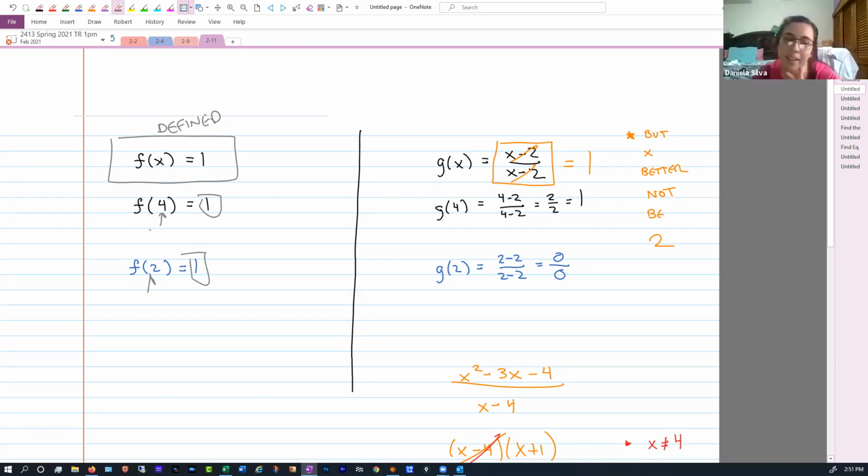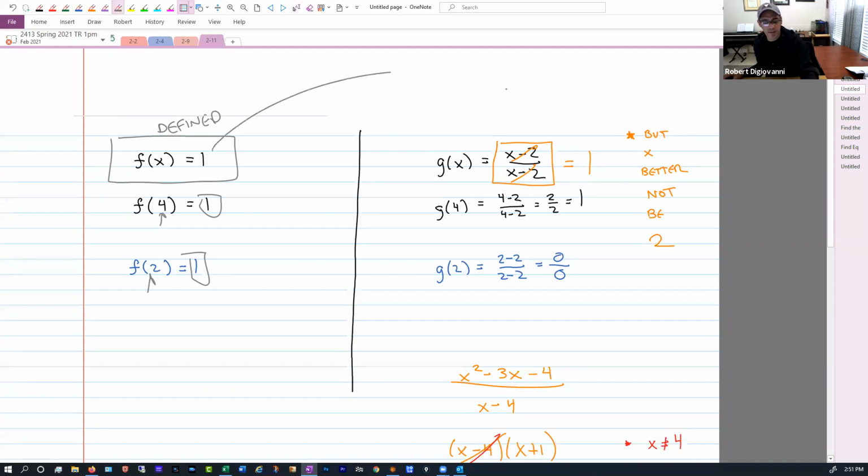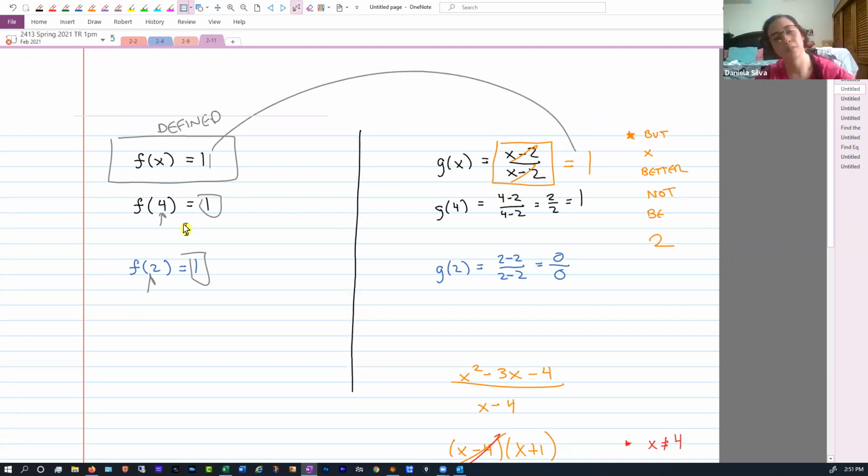What I was trying to get people to see is that if you compare that to this function, a lot of people think that they're the same function because you could just cancel the x minus 2's and that would give you 1. So basically they're the same function, they both spit out 1. But they're not, because even though you can plug 4 into both of these and get 1, you can't plug 2 into this one.